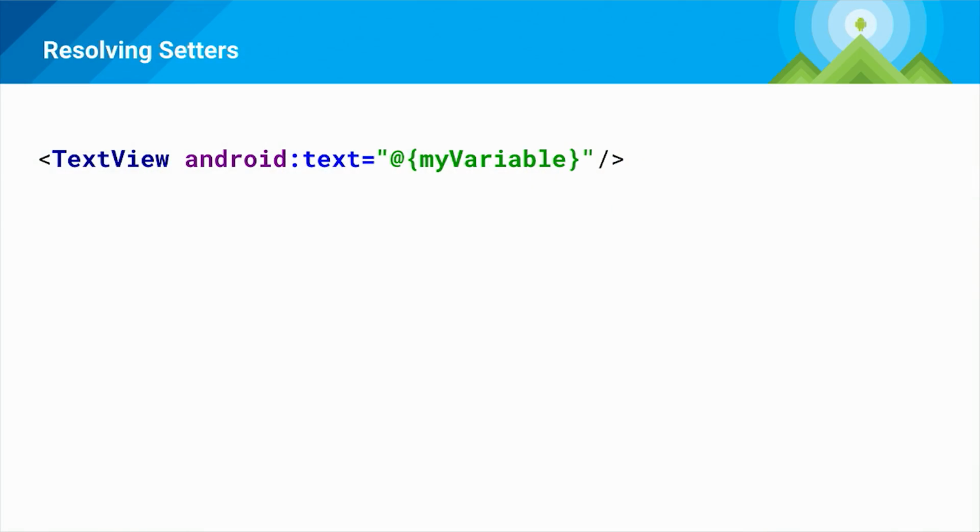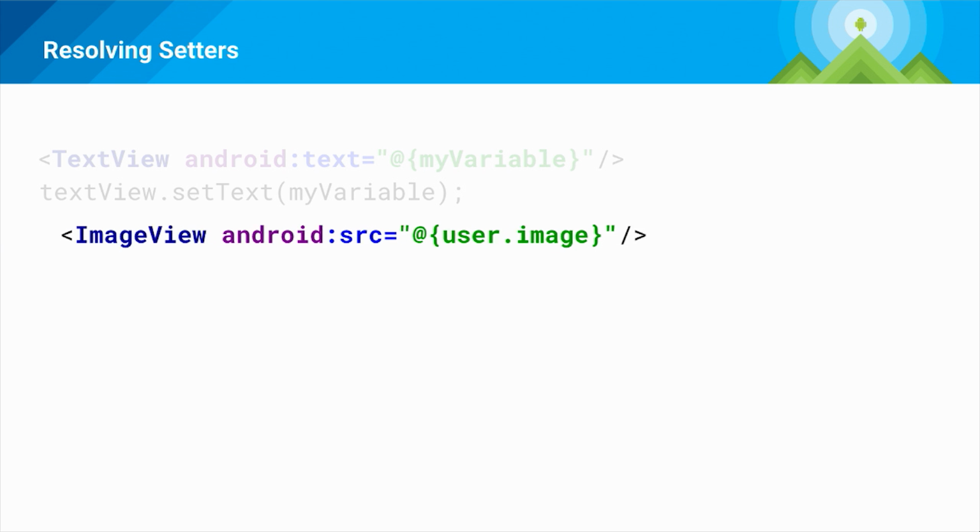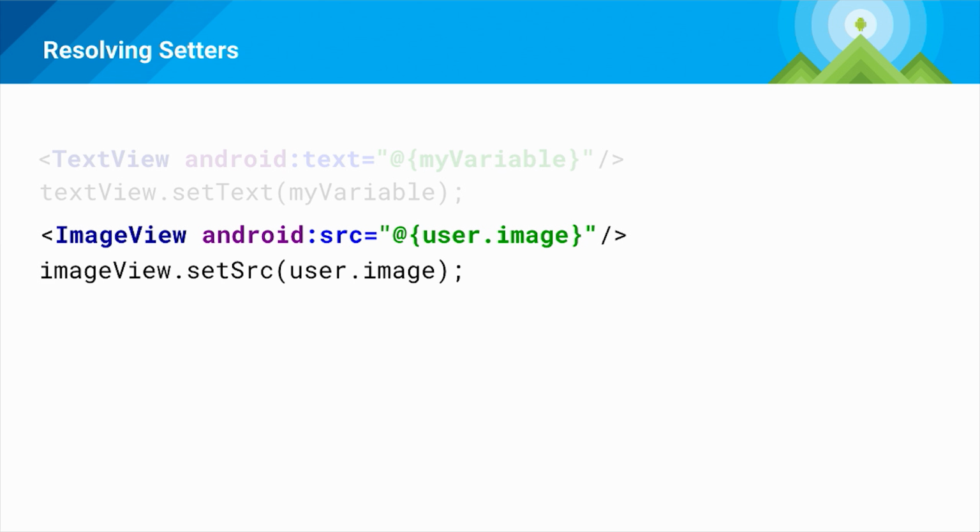So for example, but it's not that trivial, right? That example was simple. So you can say I have my variable, set it as text. Correct, that's straightforward. You say it's the user.image, the source, I call setSource, which does not exist. So this is a problem because the ImageView doesn't have a setSource method. It has a source attribute, but it's a setImageDrawable method where you can pass a drawable. How does data binding know about this?